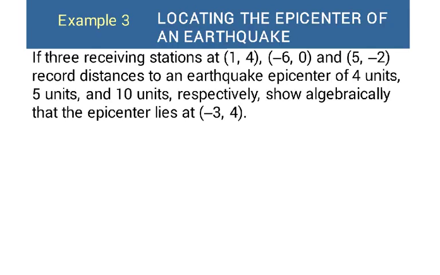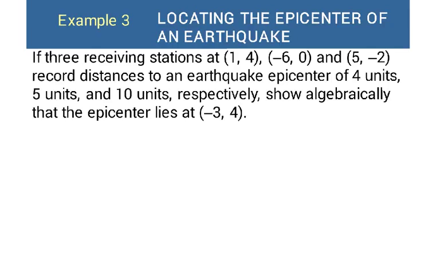So here we go. It says if 3 receiving stations at (1, 4), (-6, 0), and (5, -2) record distances to an earthquake's epicenter of 4 units, 5 units, and 10 units respectively, show algebraically that the epicenter lies at (-3, 4).